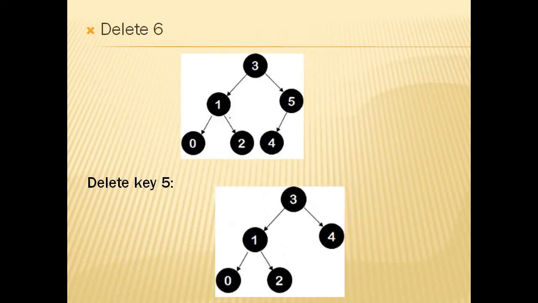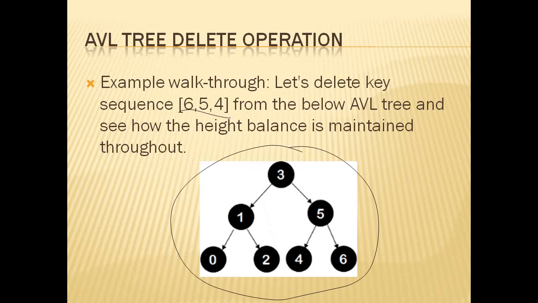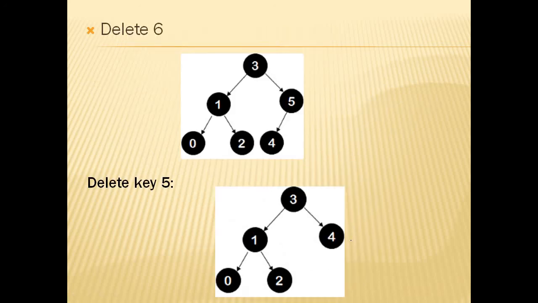First we delete 6. When you observe 6, it is a leaf node, so leaf nodes we can delete directly. So I deleted it. Next, delete key 5. Whatever rule we apply for deletion in a binary search tree, here also we do like that.